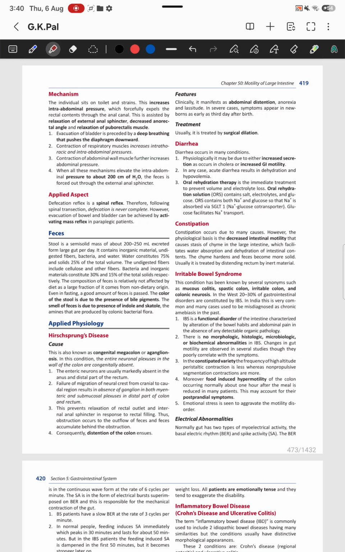Megacolon, why? Because of distension of the colon, because the enteric nervous system or neuronal plexus is absent in that section. It usually occurs at the distal part of the colon and causes distension of it and accumulation of feces.